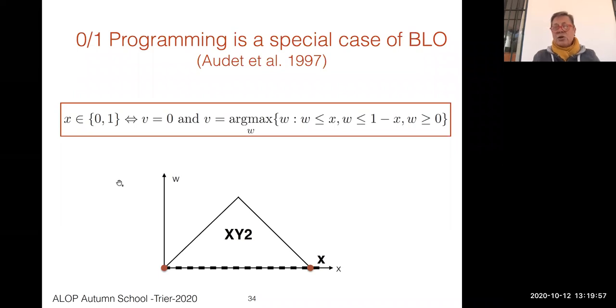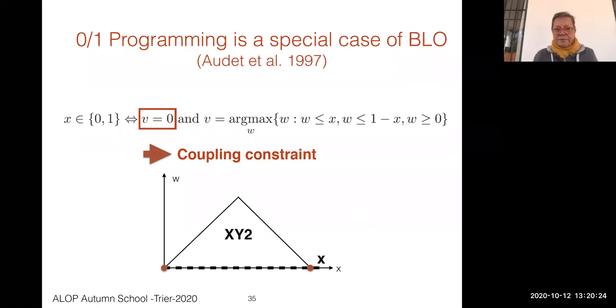You see? So any binary condition on a variable, you can model it by adding this constraint in the model, and you add a second level, which is this one. So linear bilevel optimization is at least as hard as binary linear optimization.